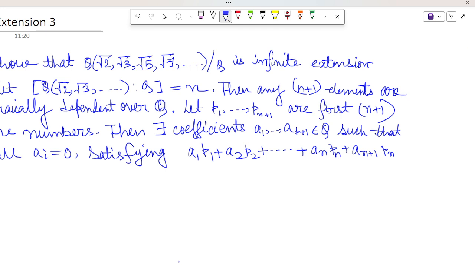So we are working on these. I have to take square roots.